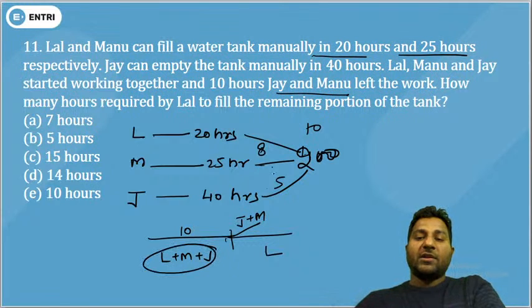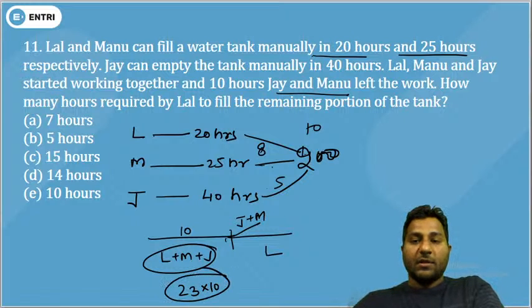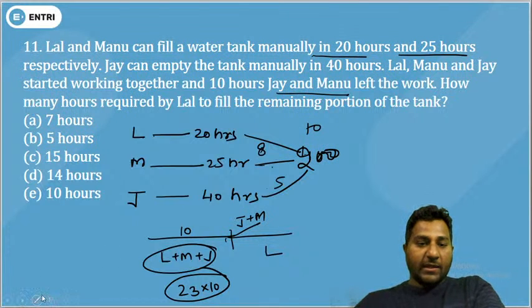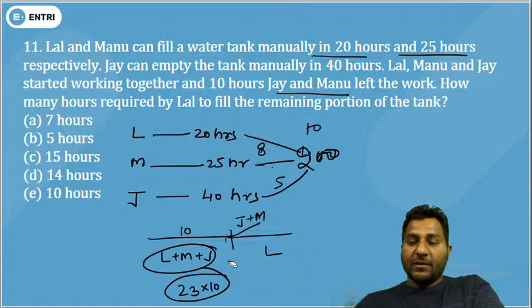So all the three will have what? 23 efficiency, and they did 230 work. Alright, so how are you going to do that? I think I have made some error here. Okay, 7 days.